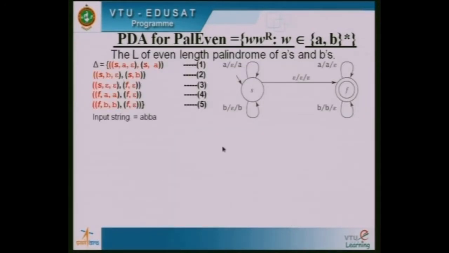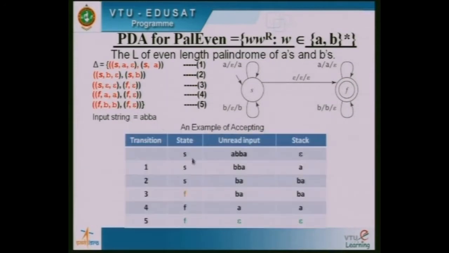If we go for deriving a string, say the input string is ABBA, the initial state is S, the string to be read is ABBA, and the stack is epsilon. AB is the string W and BA is W raised to R. Until you come across the end of W, that is AB, first A is pushed into the stack, then B also is pushed into the stack.